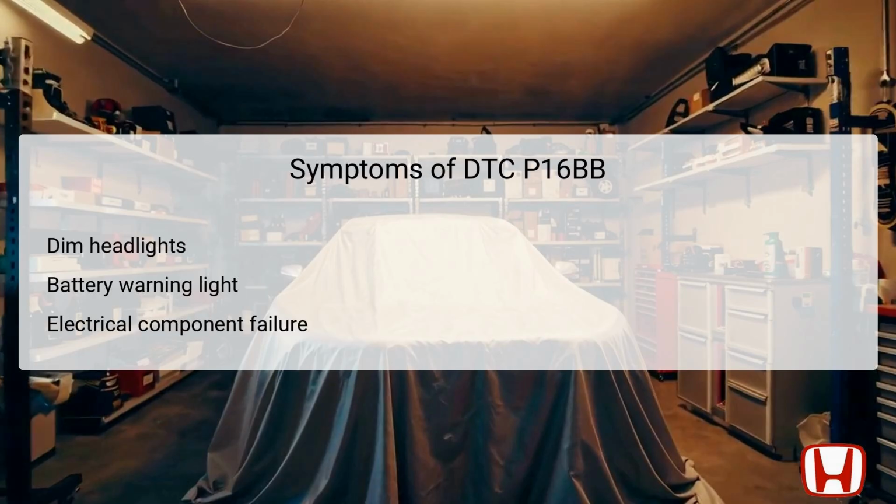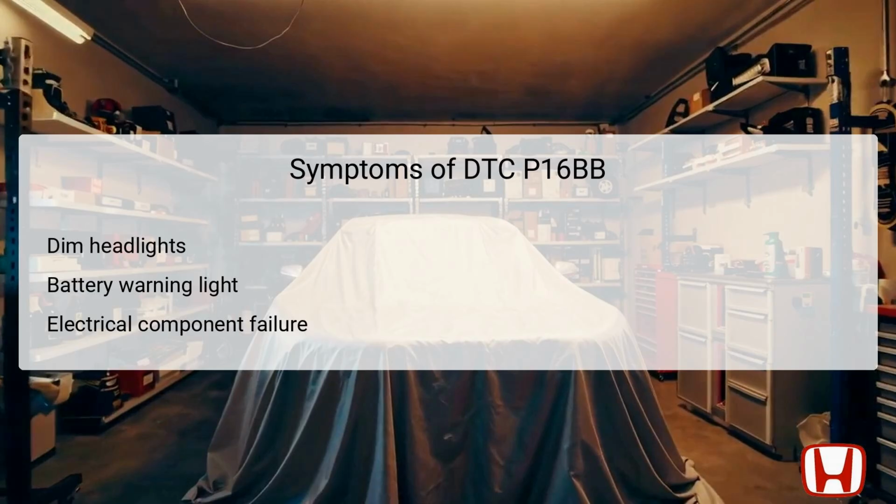Several symptoms may arise when encountering DTC P16BB-00. One of the most noticeable is dimming headlights, which can indicate insufficient voltage being supplied to the vehicle's lighting system.